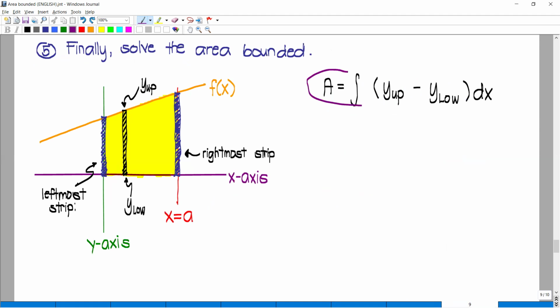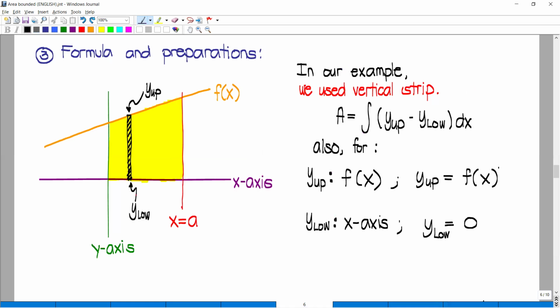This is our prepared formula since we are using a vertical strip. Now for the vertical strip, let us go back to our steps. First, in our step number 3, we prepared what to substitute for y up and y low. For y up, we are going to substitute f of x.